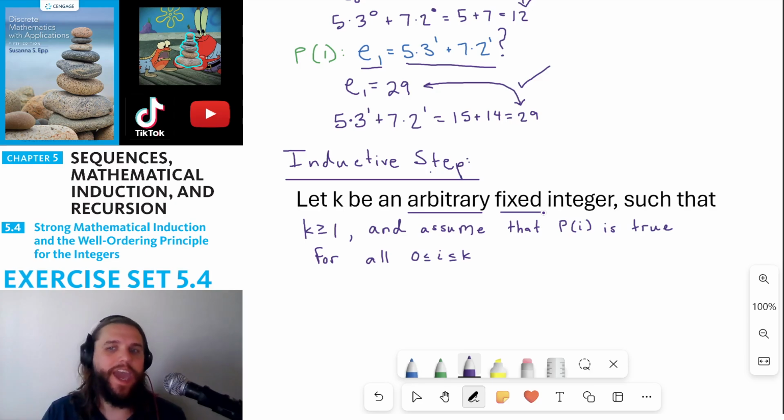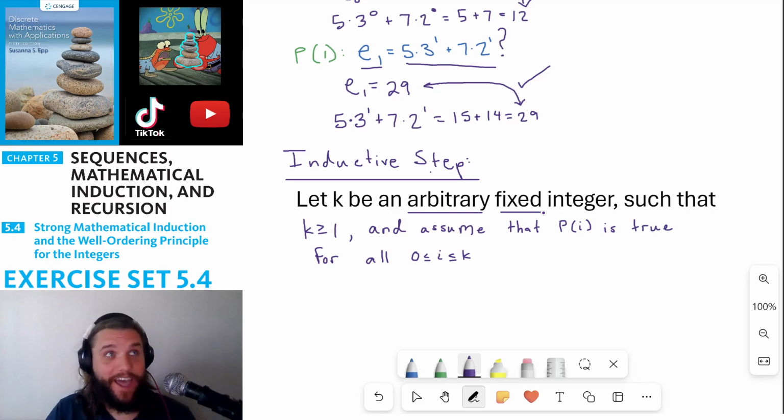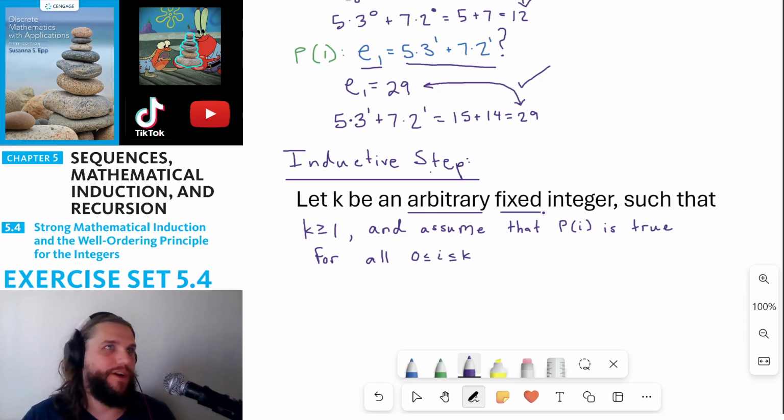So keep in mind that k is a constant, not a variable in the sense that it varies. k does not vary. Whereas the letter n we can consider as a universally quantified variable in the sense that we can imagine n as being one number and then another number and then another number, and then the predicate P of n is true for all n greater than or equal to 0. So it's super important to understand the difference between k and n in the inductive step.